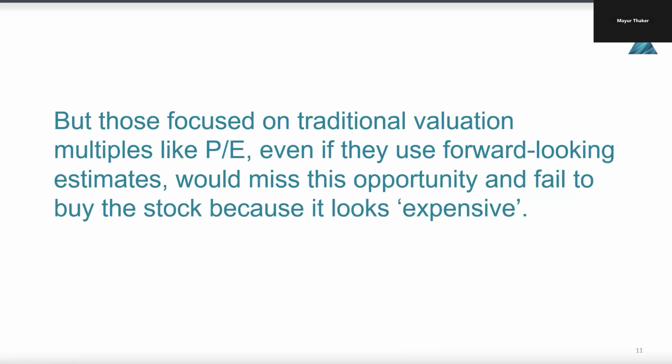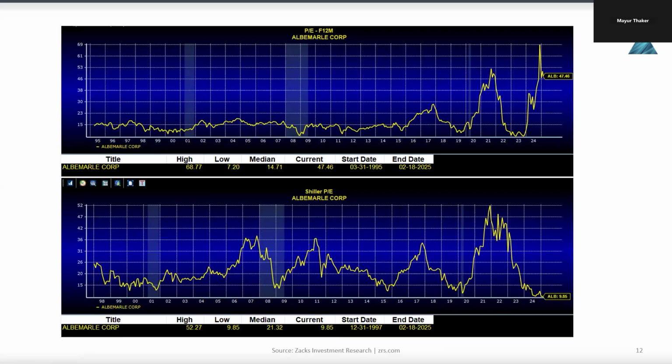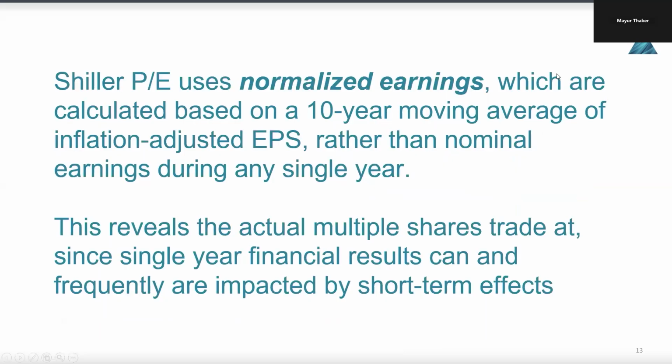Again, these are the types of companies we try to focus on and run towards when traditional value-oriented strategies are running away from them, if they're focused on PE multiples.